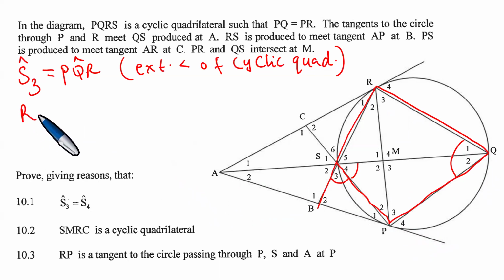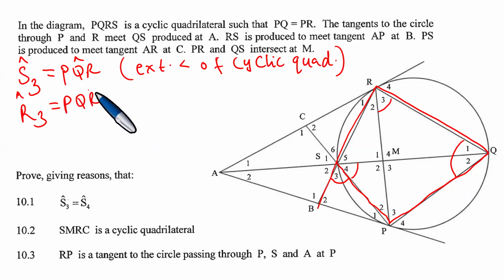Moreover, we have angle R3. At this point, the angle R3 here is also equal to the angle PQR. And why is this the case?